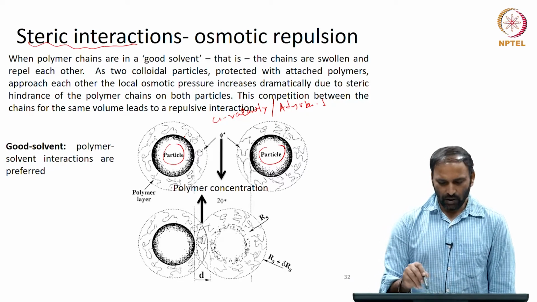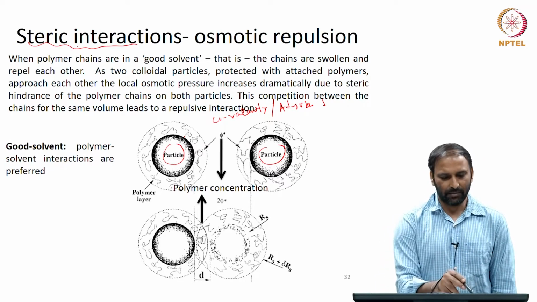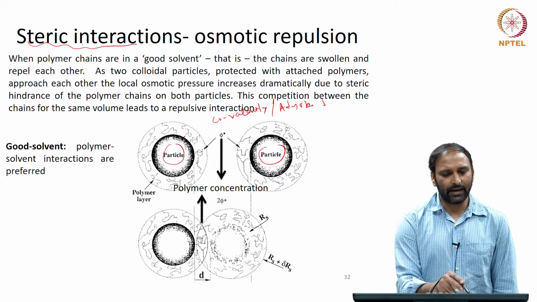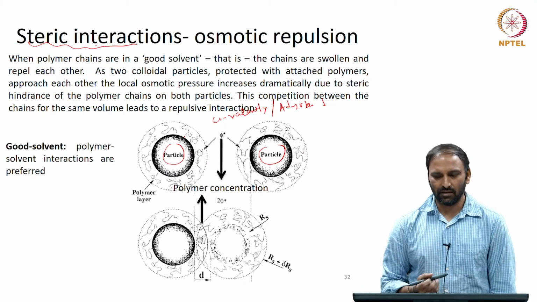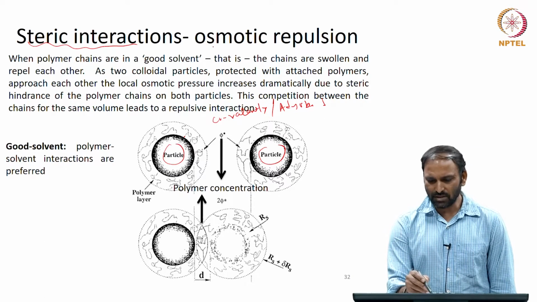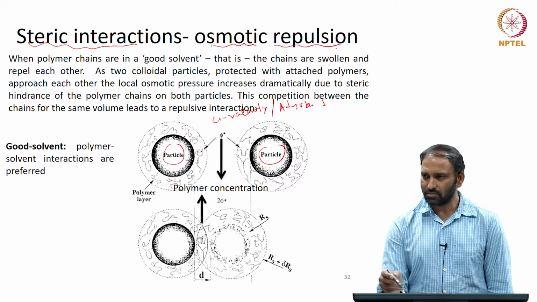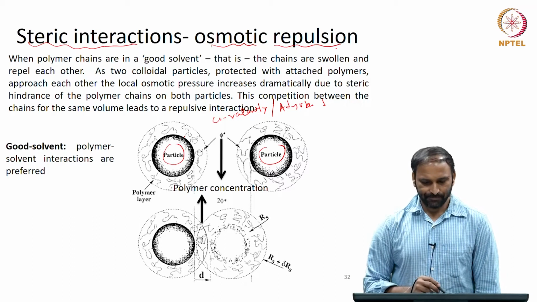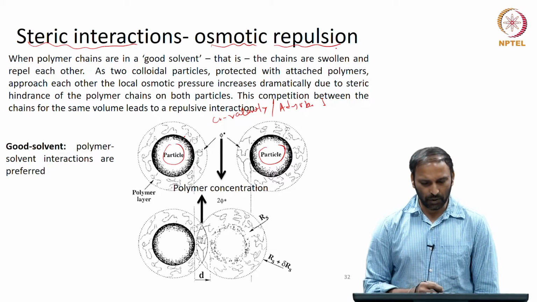If you have cases like that, then I had mentioned that there exists what is called a steric repulsion. You can think about steric repulsion also as something called osmotic repulsion. So, we will see what it actually means.